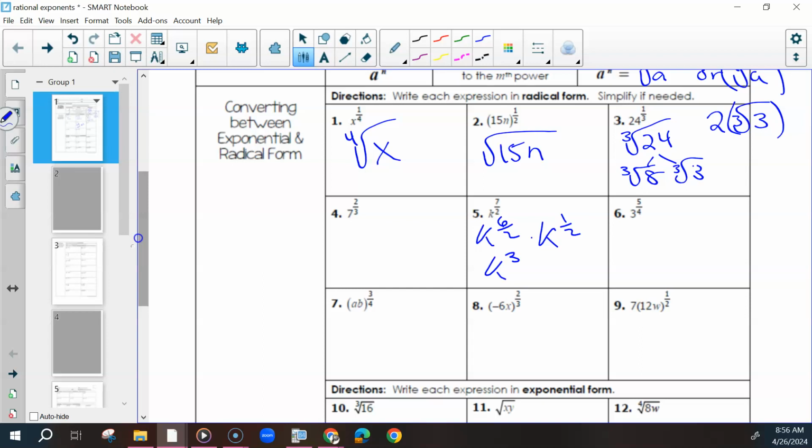Was it a cube root? Was this a fourth root? It was a square root. So then what would that be? Yes. So your final answer would be k to the 3rd times the square root of k.